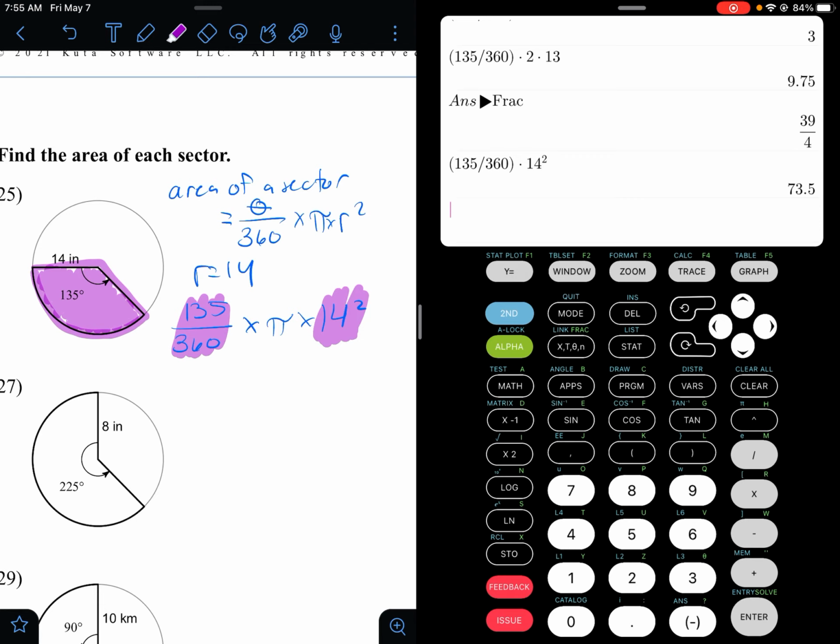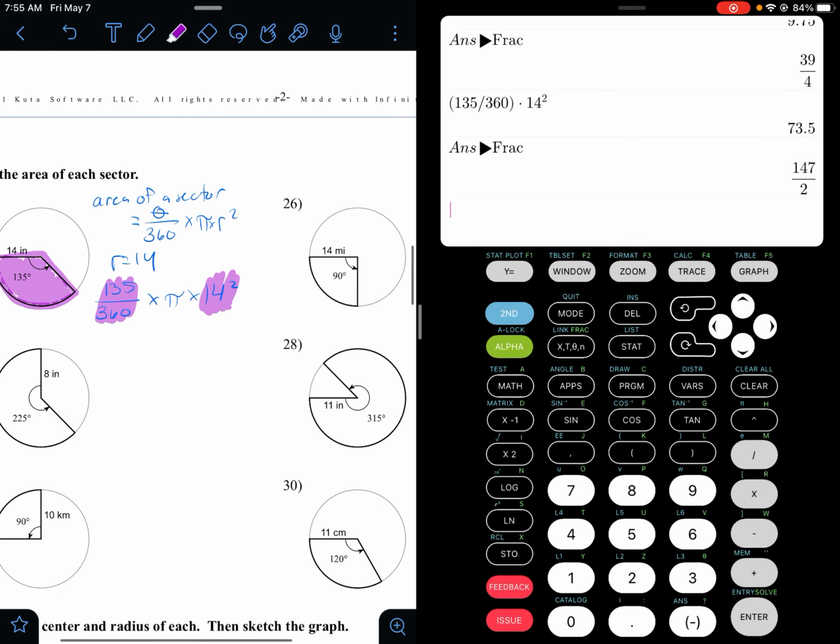So then we get 73.5, and again, we don't want to leave it in decimal form. We want to get a nice fraction, so we get 147 over 2 pi, and then this is going to be inches squared. Area is always squared. Awesome.